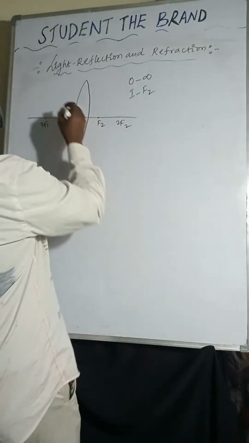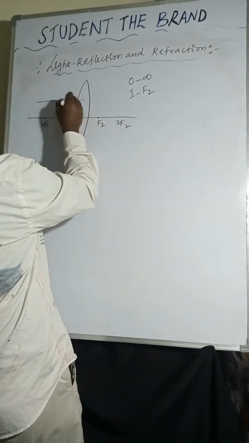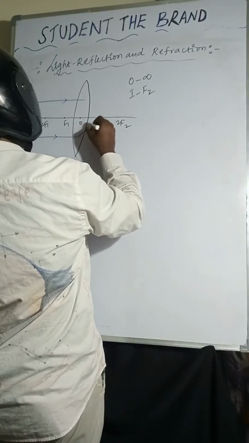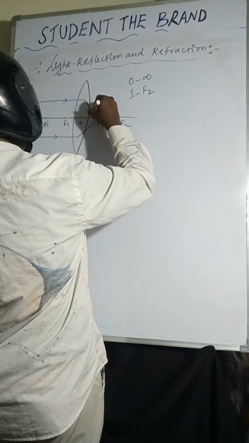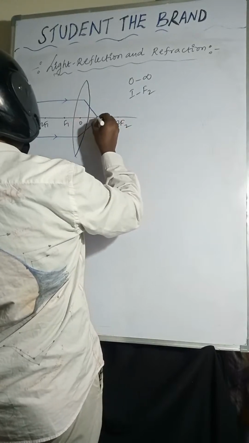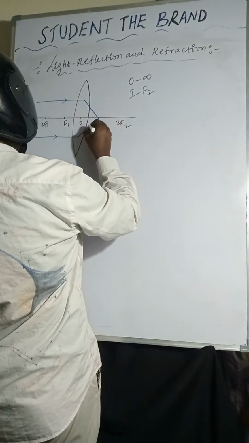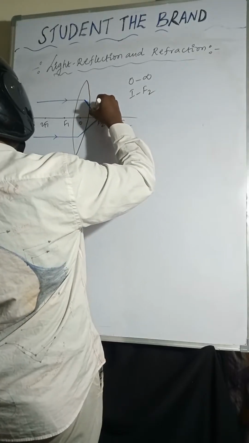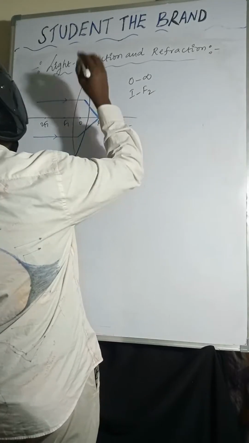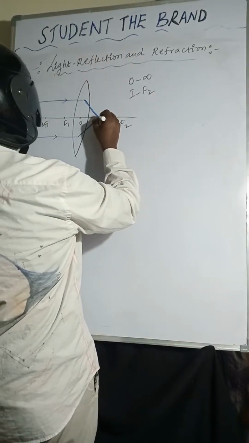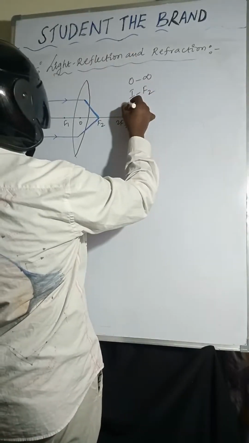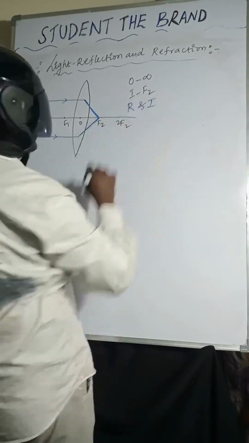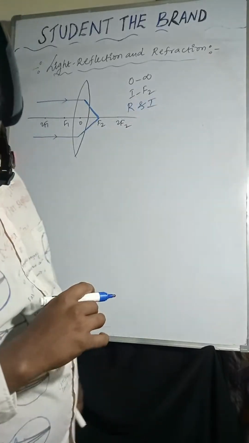I am taking one like this and one more like this. After refraction, those light rays will meet at focus here. So object is at infinity, image will form at focus. Image is real and inverted.